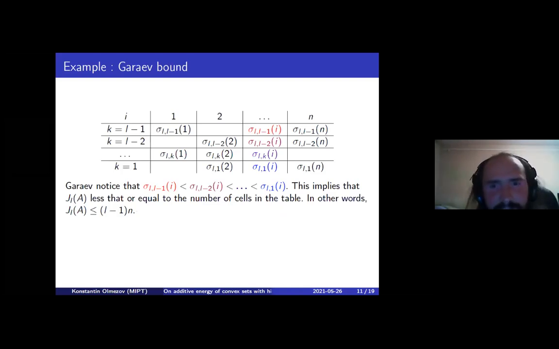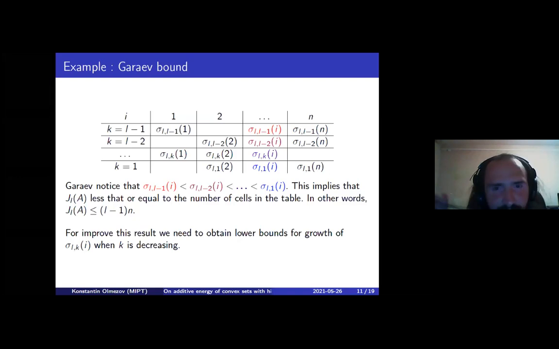Notice that in each column we have increasing values from top to bottom, and it is a strictly increasing sequence, and this means that the number of solutions, which we denote as J L, can be bounded by the number of all cells in the table. To improve this result, we need to show that some cells of the table must be empty.